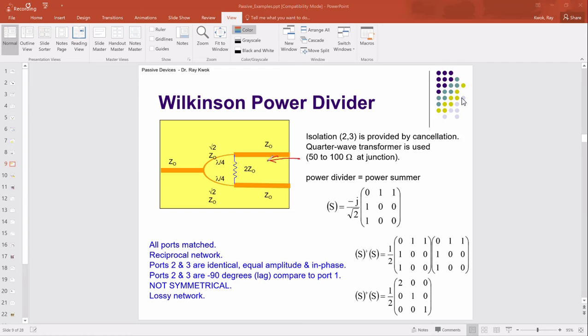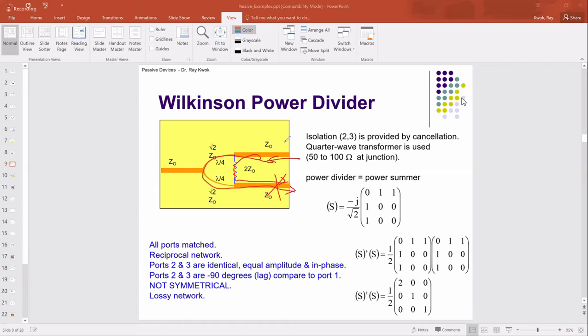The signal goes and then goes to port 3, but part of the signal also comes down here to go to port 3. So it provides two paths for the bad signal, the reflections, right? And these two end up canceling each other. They end up exactly 180 degrees apart. So that provides the cancellation of the reflections. That means port 3 does not see the bad reflections from port 2.